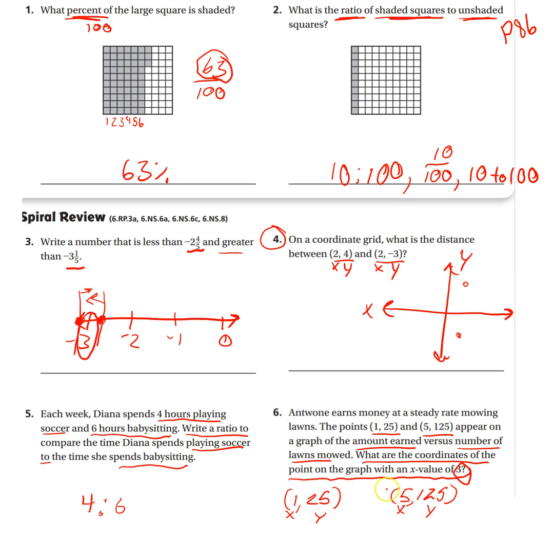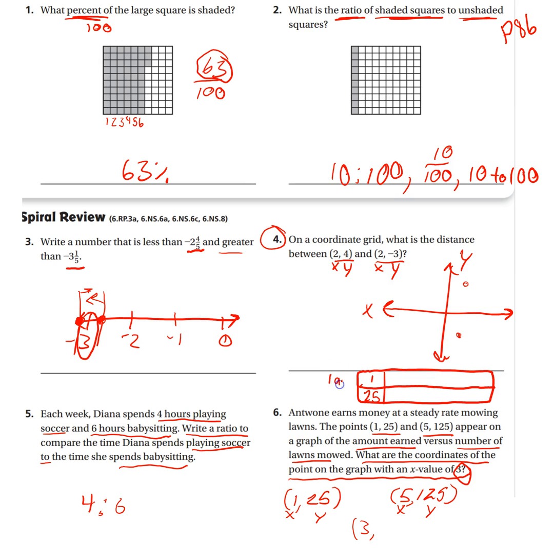The x's represent how many lawns. So we know for every one lawn, he gets 25 bucks. So for 3 lawns, first lawn he's going to get 25. And we can make a table even for this too. Okay, for the first lawn, he gets paid 25 bucks.